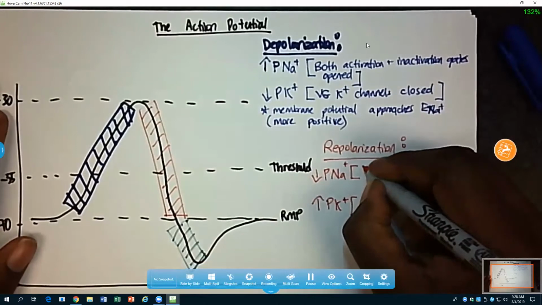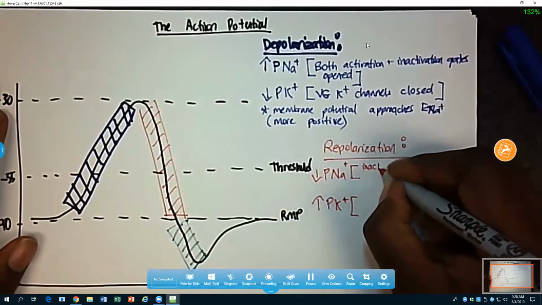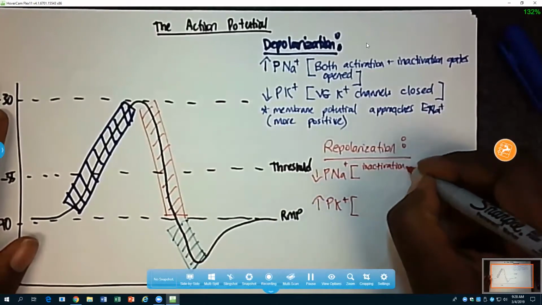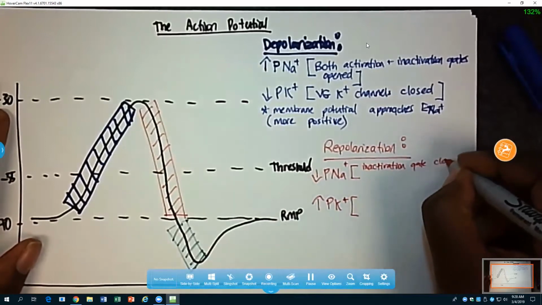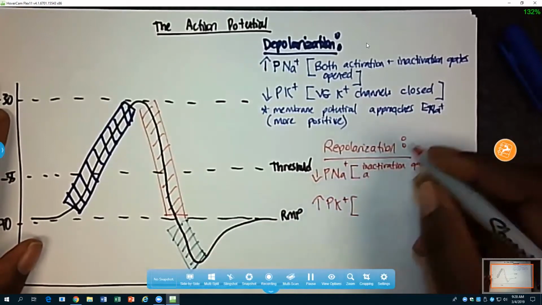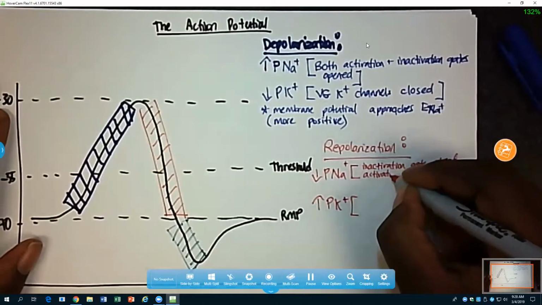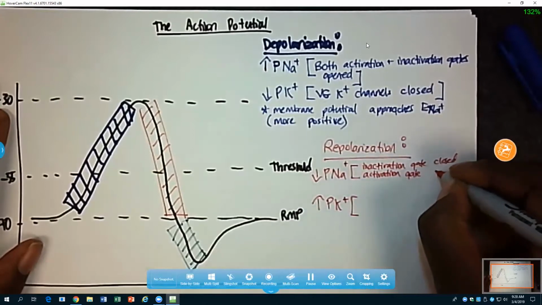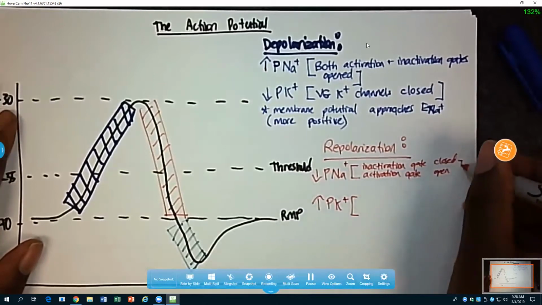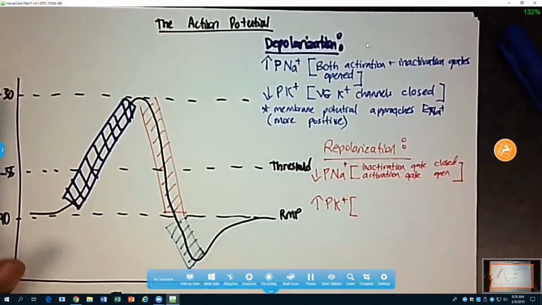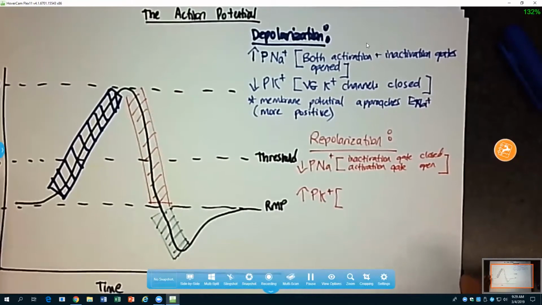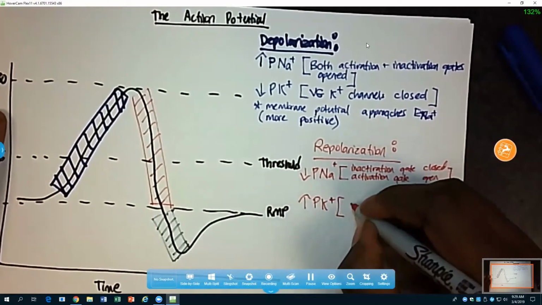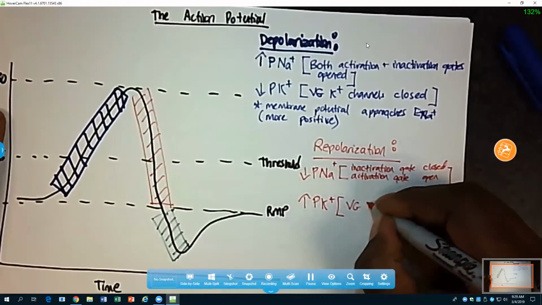So the inactivation gates close, but the activation gate is open. And although the activation gate is open, as long as the inactivation gate is closed, there is no ion movement. So essentially, this channel is closed. What about potassium? We have opening of the voltage-gated potassium channels.